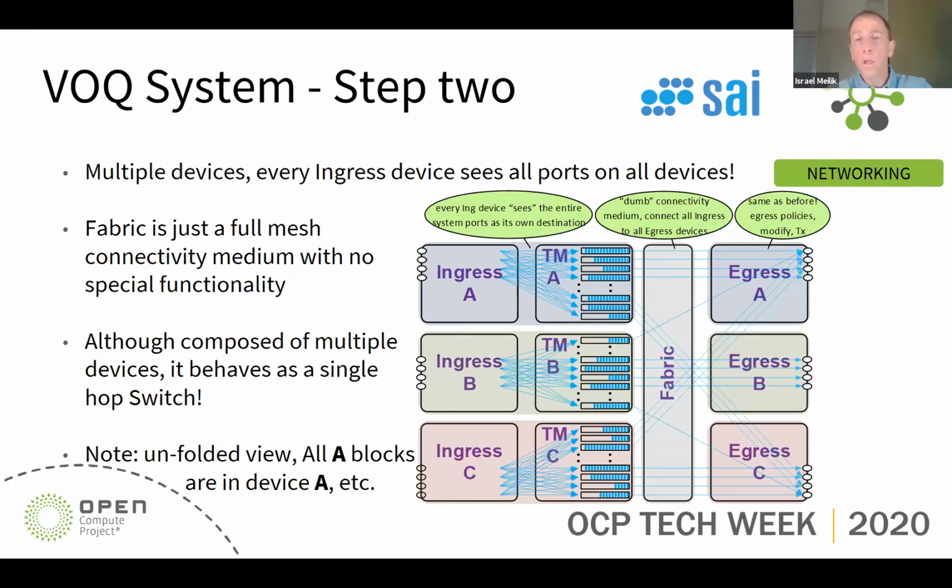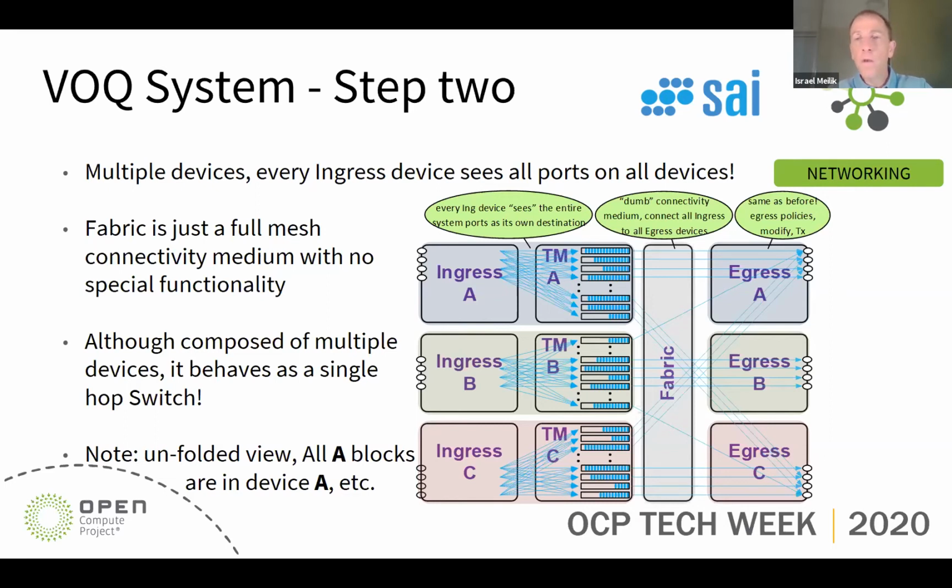If you look at the top row, you will see ingress A and TM A on the left, and then egress A. In reality, this is the same silicon, the same die, but here we draw it as two different devices. Likewise, device B is drawn as two devices and device C is drawn as two devices.